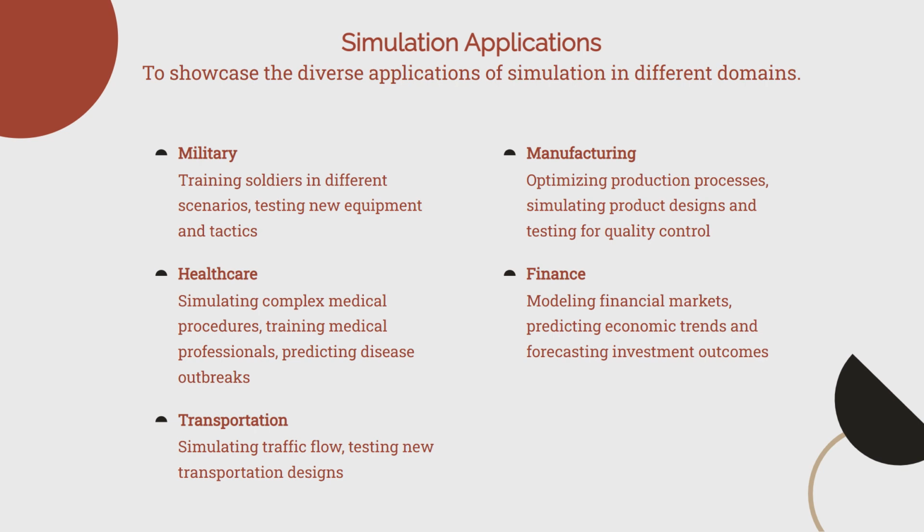Application of simulation in military is training soldiers in different scenarios, testing new equipment and tactics. Operation simulation training refers to simulating the operation process of weapons and equipment by means of simulation technology, which saves time and effort, can reduce the technical wear of weapons and equipment, and is widely used in various types of military equipment training.